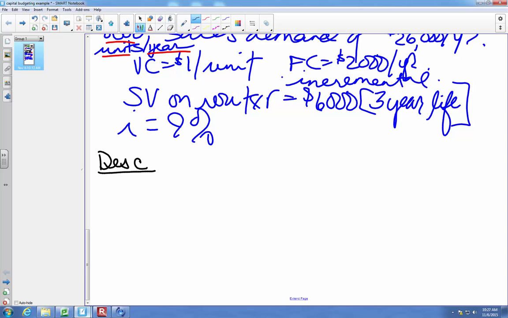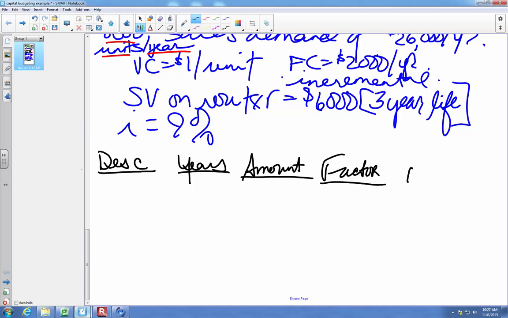A description, what is the cash flow we're talking about? What's next? Yeah, time.